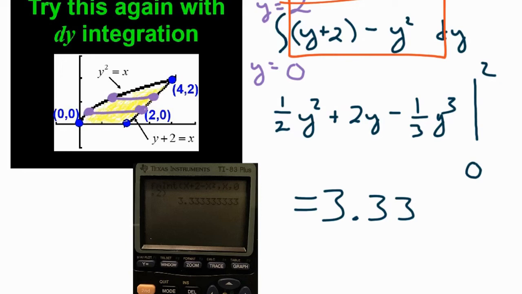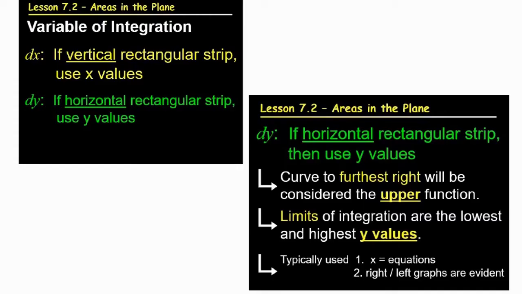And so you'll get a little better at starting to recognize problems that involve a dy integration, again, because you don't have to subdivide them, since you're able to have a right-hand graph and a left-hand graph be consistent throughout the interval.